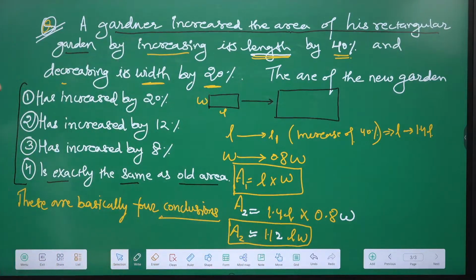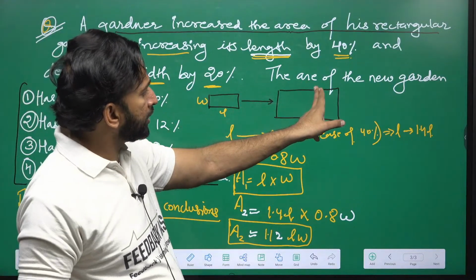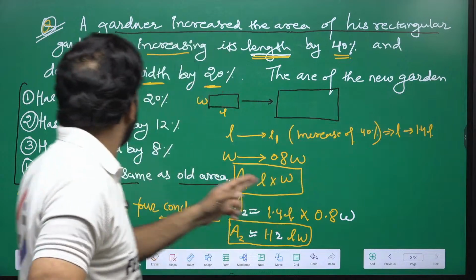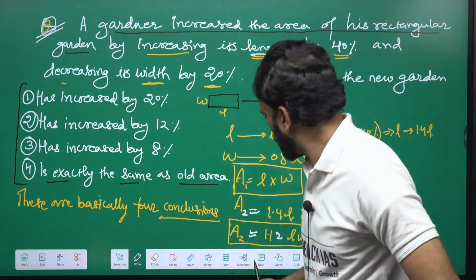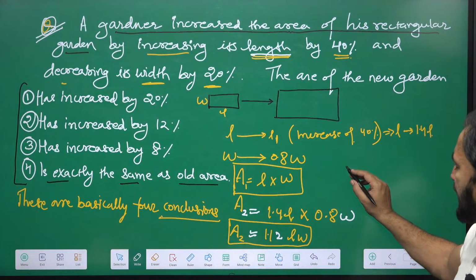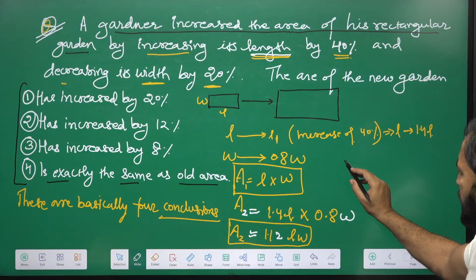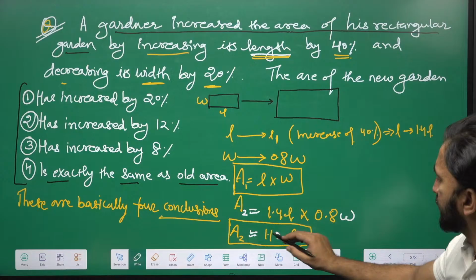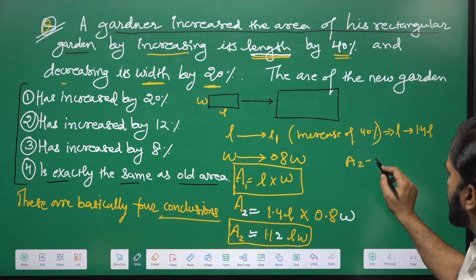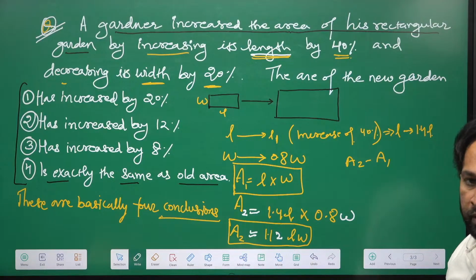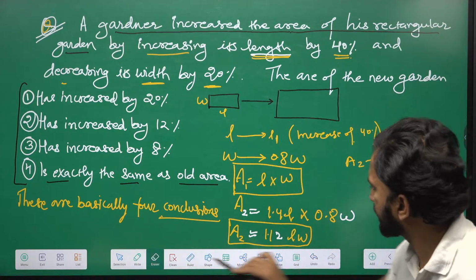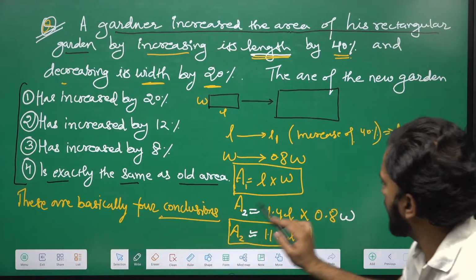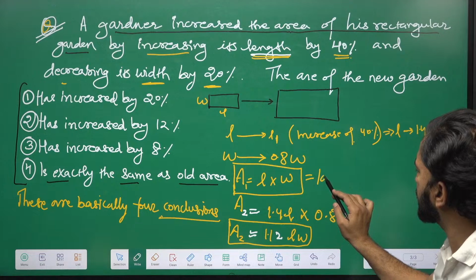Now we have to see whether the area of the new garden is increased or decreased. So what we will see, the increase will be found by subtracting A2 minus A1, right?